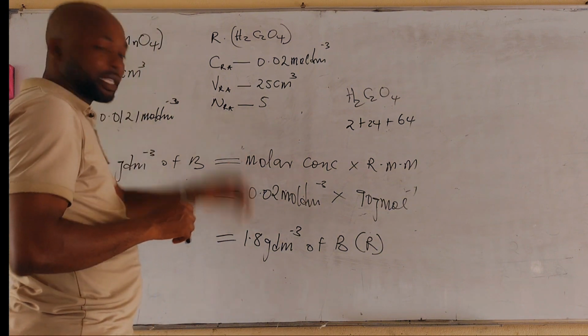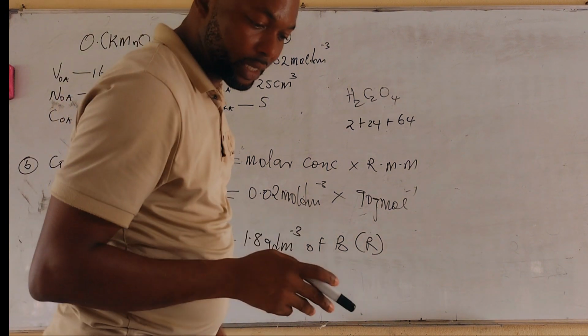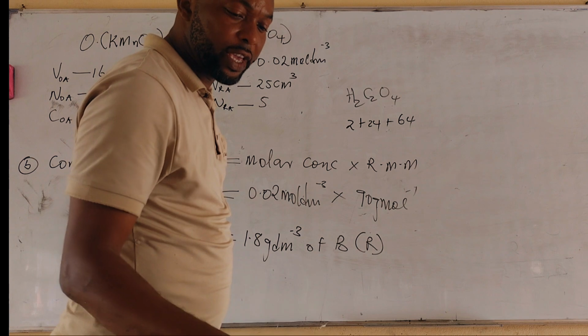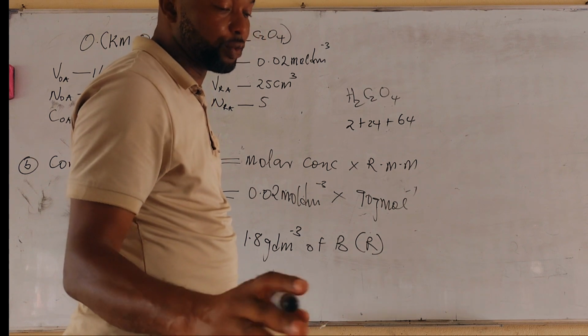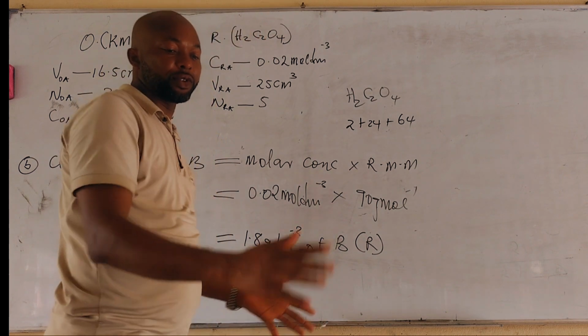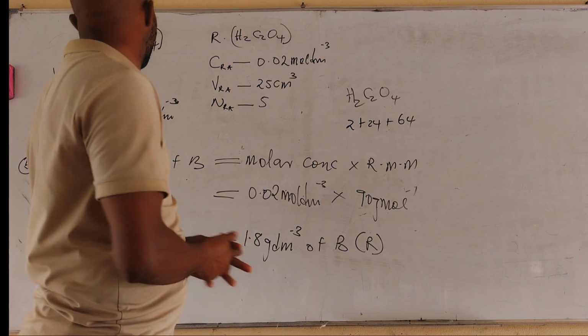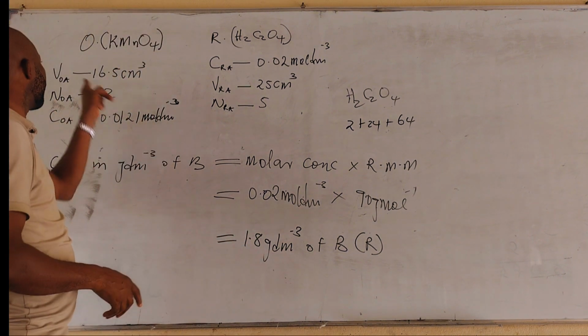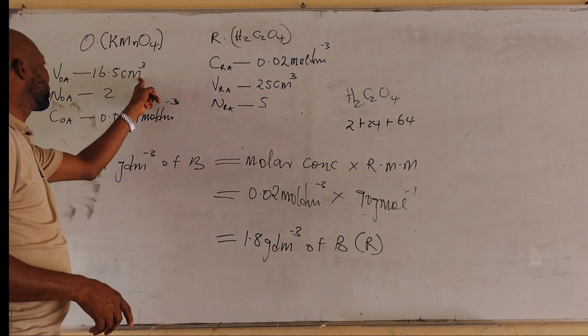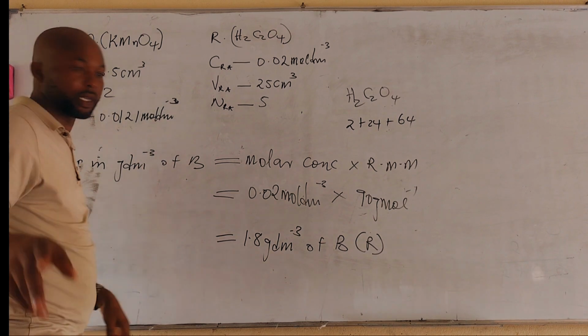So we've gotten that. What's the next thing? Amount of A in the average volume of A used. The formula for amount is molar concentration times the volume in dm cube. So we can get that. Let's see.